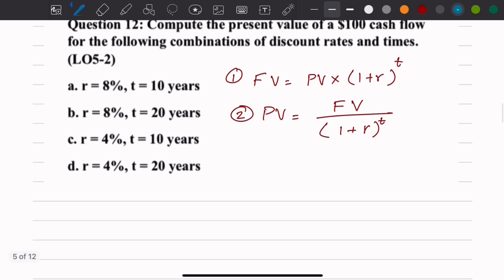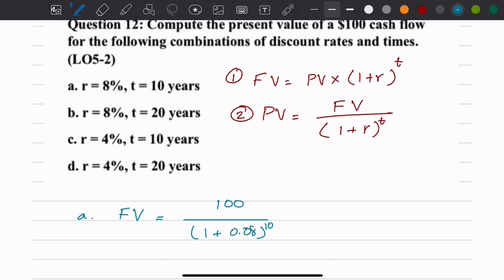A, we want to find the present value of $100, okay, at 8% discounted over 10 years.